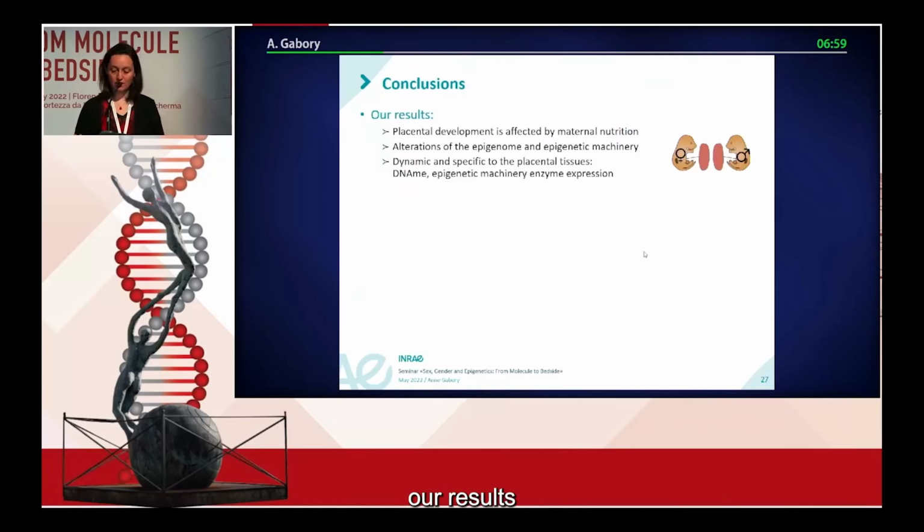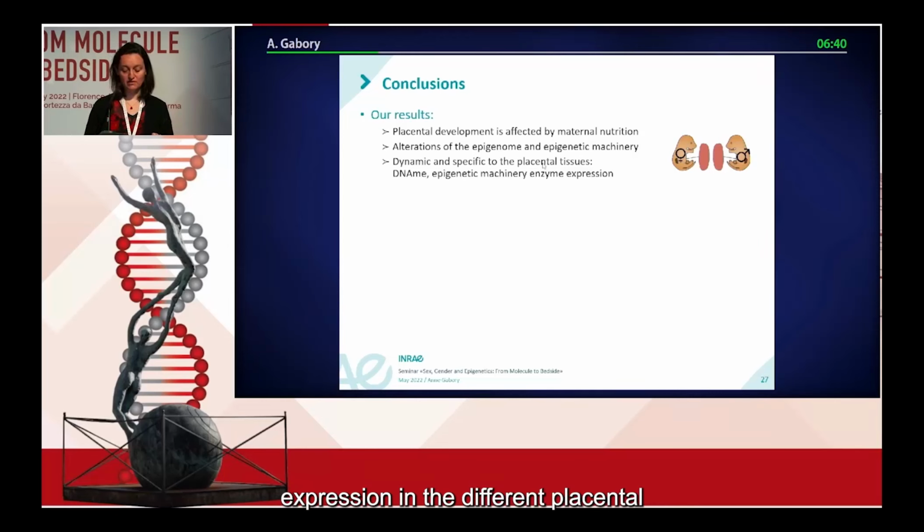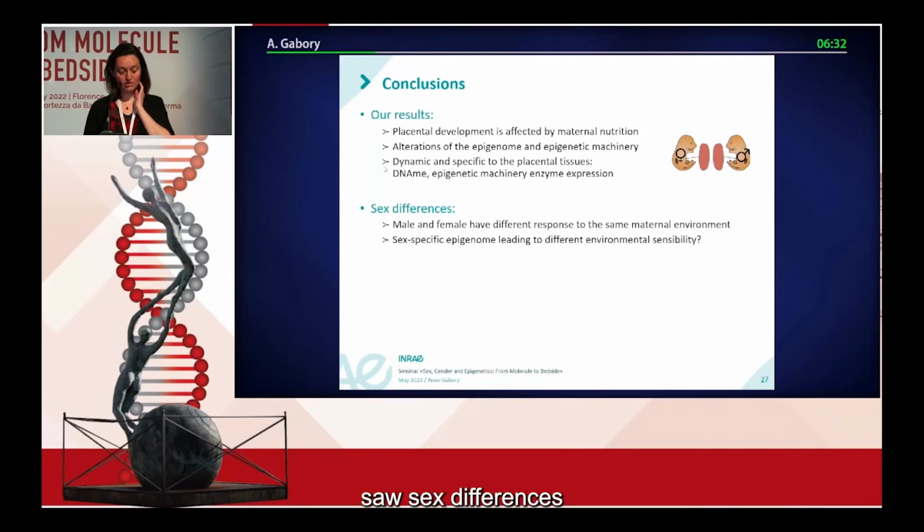So in conclusion, our results show that placental development is affected by maternal nutrition, and maternal nutrition alters the expression of the epigenetic machinery and the epigenome, particularly DNA methylation. And there is a dynamic and specific expression of DNA methylation and the epigenetic machinery enzymes in the different placental tissues. And we saw sex differences between male and female. They have different responses to the same maternal environment in the same uterus.